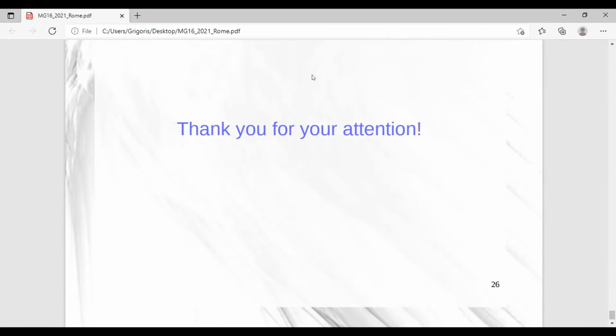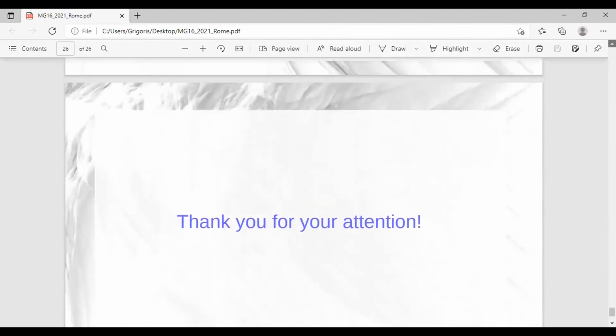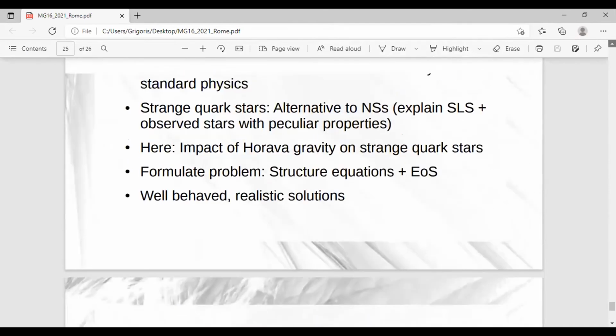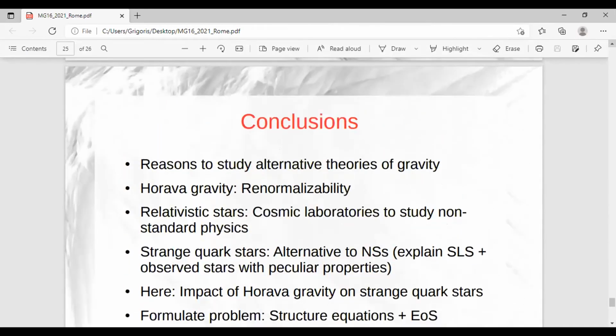I have two questions, Gregorius, about this very beautiful work. What's the coupling constant that you choose in your plots? You have several plots. The Horava theory has three parameters, so how do you choose those parameters?